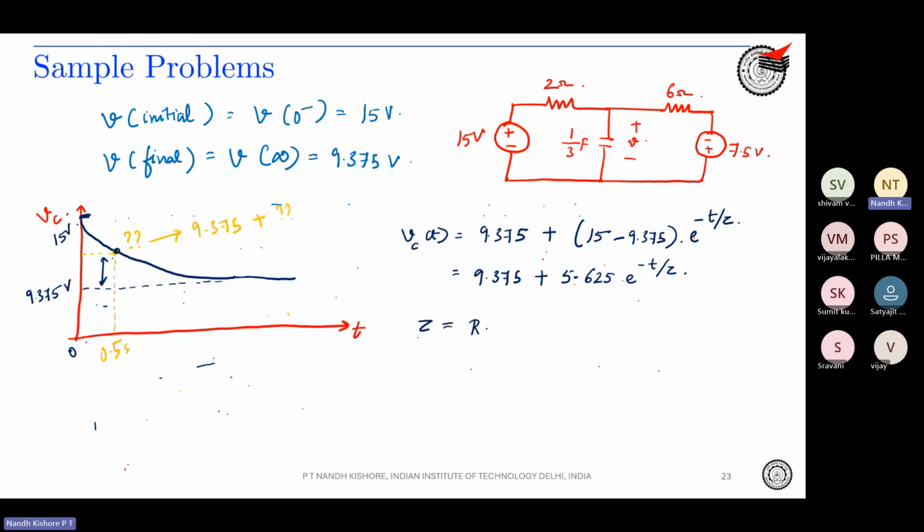So now what is tau? Tau is equal to R into C, R equivalent into C. C they have given us as 1/3 farad. What about our R equivalent? This is the circuit. Here I have to find out the R equivalent looking from this perspective. If I have to find out R equivalent, I will disable the voltage sources, that is, short the voltage source and open the current source.